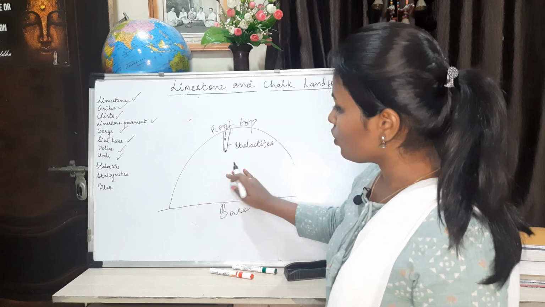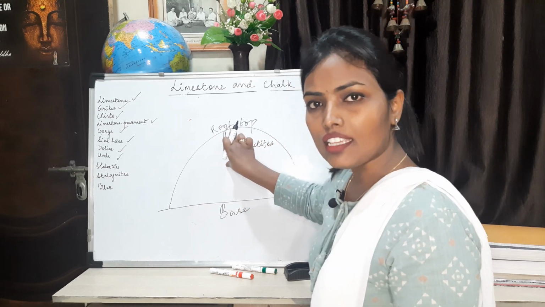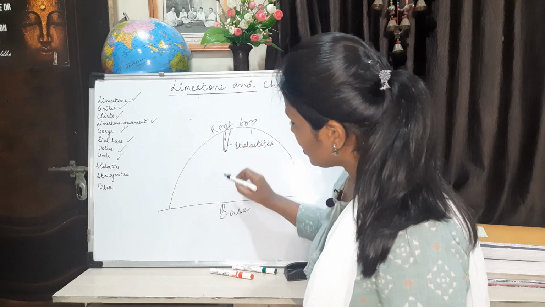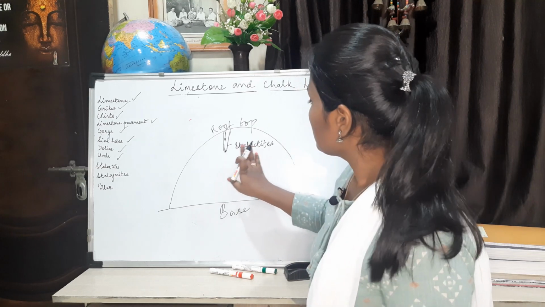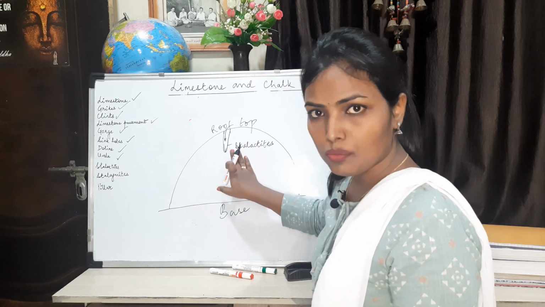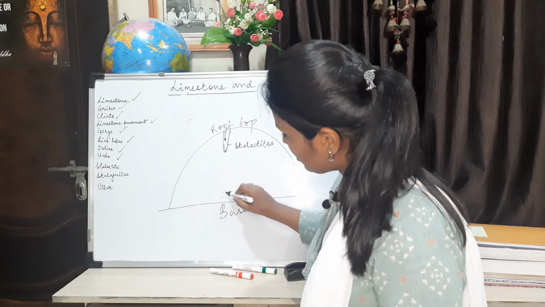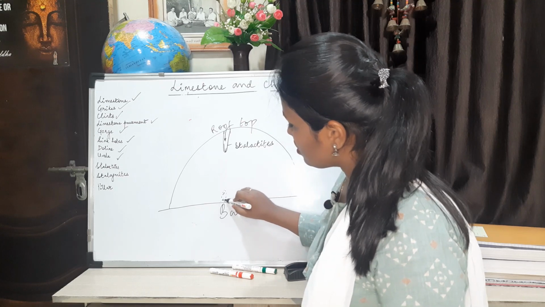Now when these are hanging, the water droplets containing this mineral, these rock particles, start to drip down below these stalactites and start depositing over here.